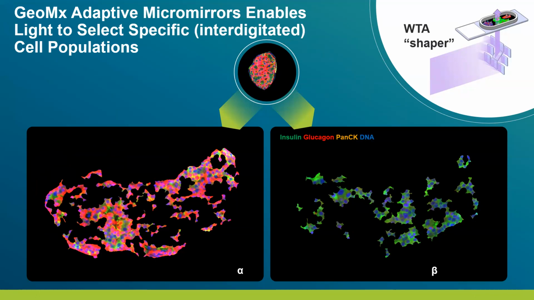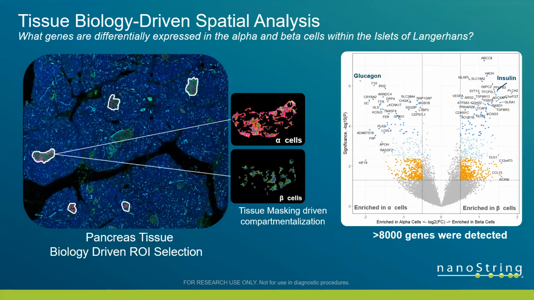Not only are we getting imaging information, but we're also able to get differential expression out of these tissues as well. So looking at this pancreas tissue, with these biology-driven regions of interest selected across alpha and beta cells, this tissue masking across this compartmentalization allows us to understand not only the genes, but we're getting into more of this pathway regulation across tissue molecular machinery.